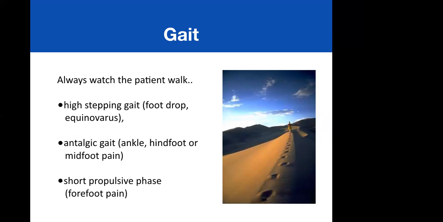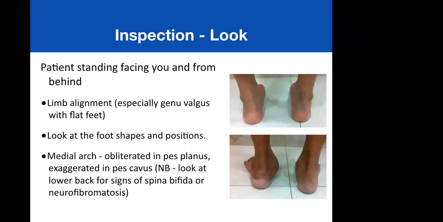There will be an obvious antalgic gait if there is any arthritis or any deformity causing wear and tear, like ankle, hindfoot or midfoot pain. Sometimes in forefoot pain, there can be a short propulsive phase where, instead of the normal rocker and pushing off, there is a shortened push off.